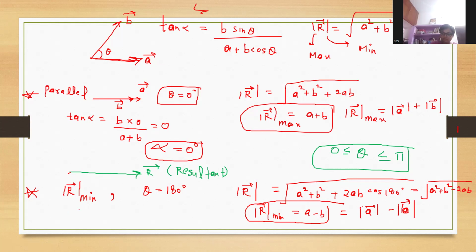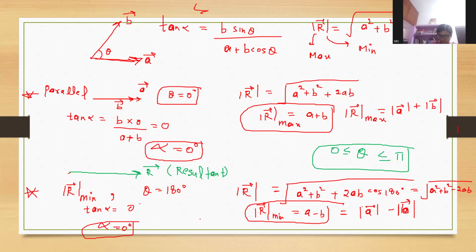So tan alpha in this case, when theta is 180 degree, will be B sin theta by A plus B cos theta. Sin 180 is 0. Again, alpha is 0 degree. Clear? Yes, sir.